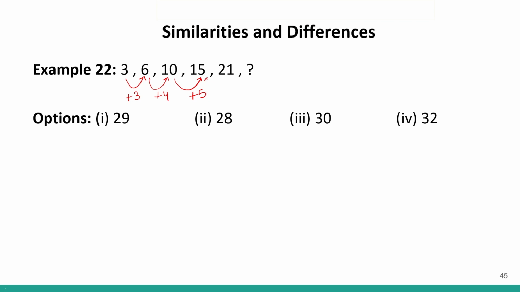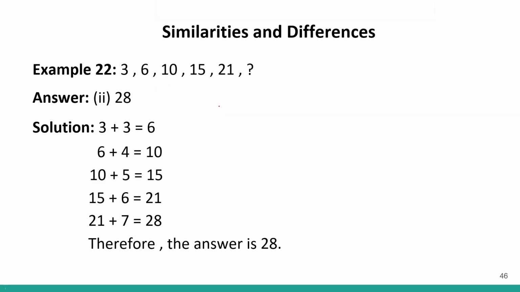To get 21, I have to add 6 into 15. So I can see very clearly the logic is plus 3, plus 4, plus 5, plus 6. So we have to go plus 7. So 21 plus 7 will give me 28. So my answer will be option number 2, 28.